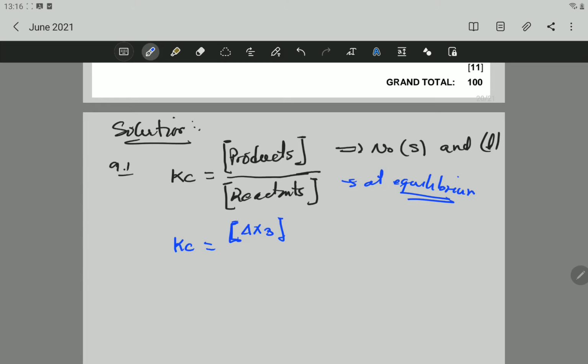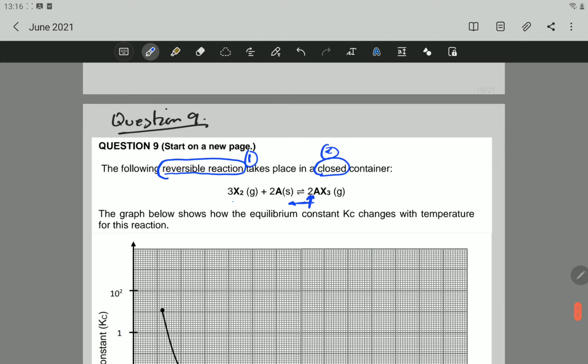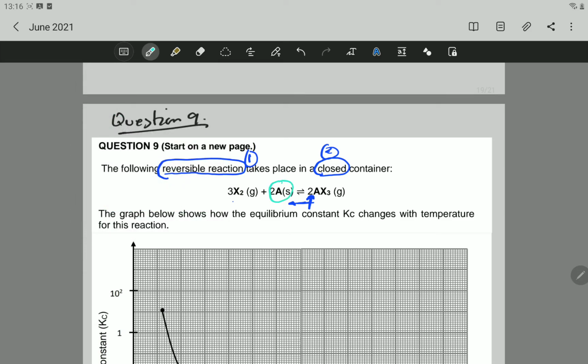So this is to the power 2. Where is that 2 coming from? The 2 is the coefficient at the front, the ones we use for ratio. Now divided by the concentration of the reactants at equilibrium. However, remember, you do not include the solid.